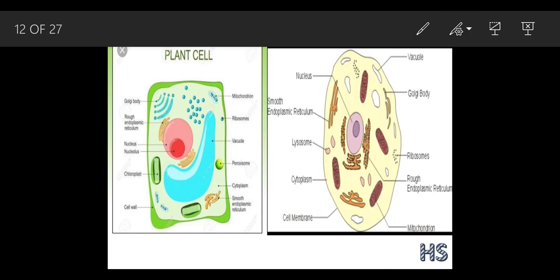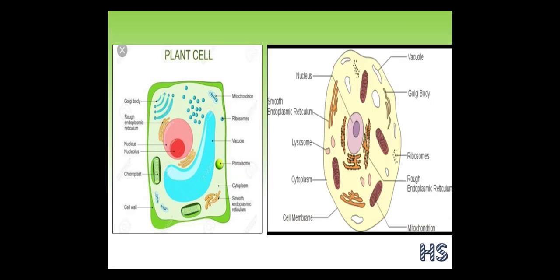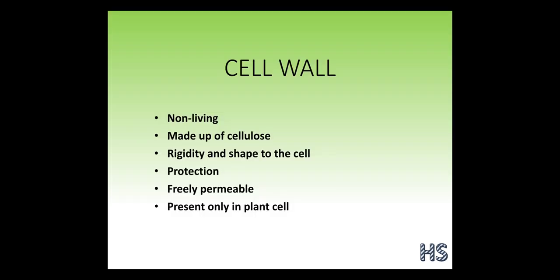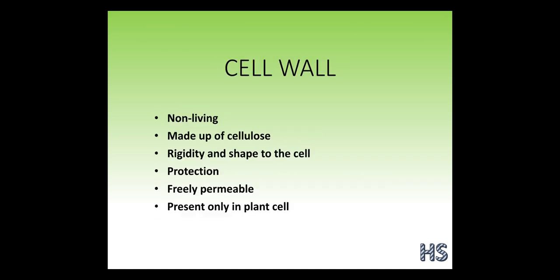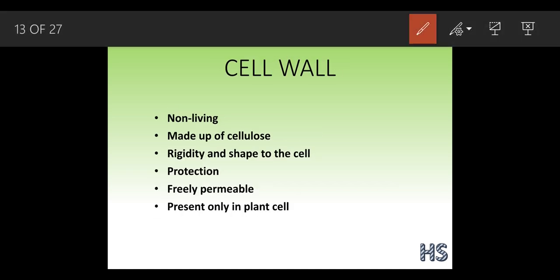See, the first structure would be the cell wall. I'm going to make an arrow out here. See, this is the cell wall. The cell wall is the outermost structure, which is only present in the plant cell. This rectangular or box shape is called a plant cell.